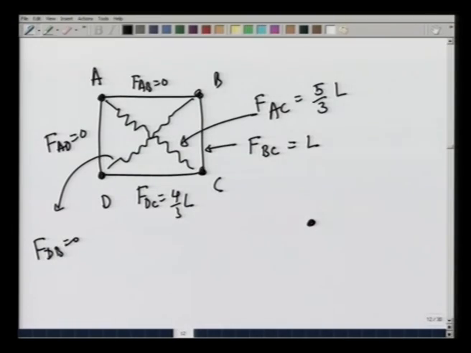With these forces, let us see if point A is under equilibrium.